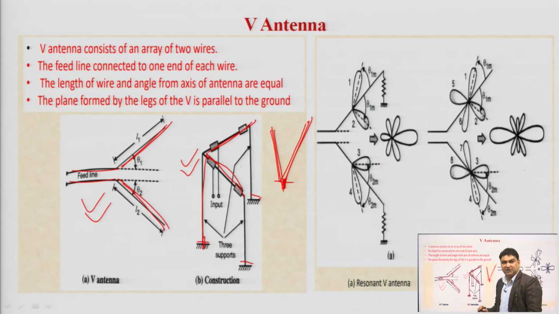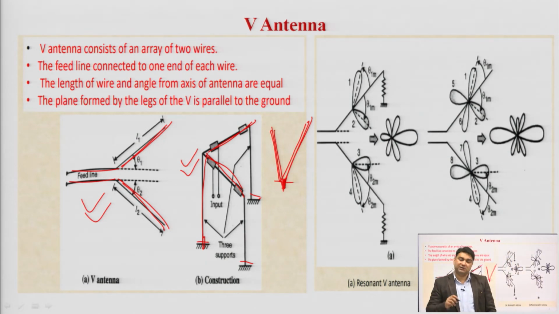Finally, the radiation pattern of this V antenna can be either resonant type or non-resonant type. Both kinds of V antennas are configured here, and the resultant radiation pattern is shown in this second category.